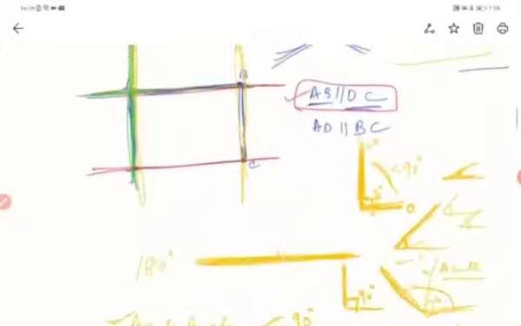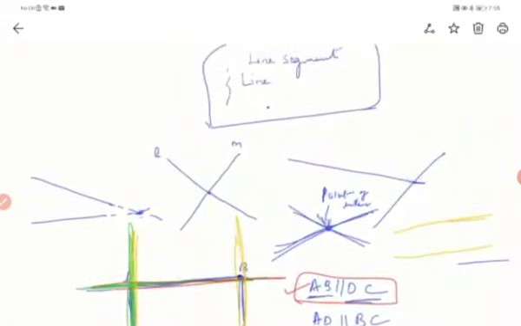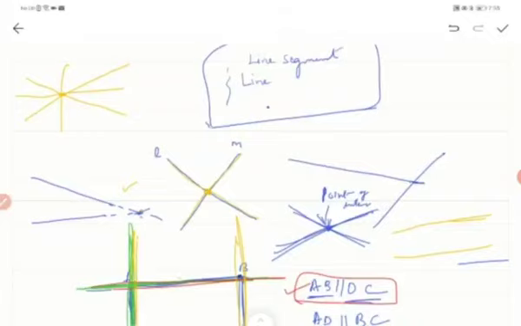Okay, I should have explained here itself. You have already seen intersecting lines. Okay, you have concurrent lines as well. Intersecting lines are what? When two lines intersect at one point, you call it an intersecting line, and this is the point of intersection. Similarly, if you have many lines that pass through the same point, that kind of lines you call concurrent lines.